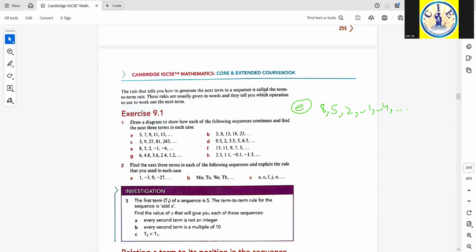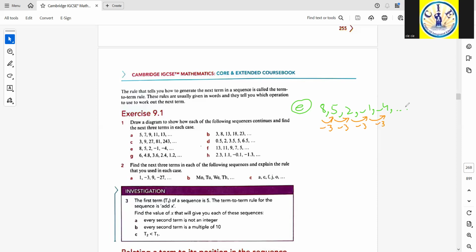So in this case, the pattern that can easily be observed is subtraction. So what is being subtracted? We need to assess that, and that's how we would be able to get the next three terms of the given sequence. So by subtracting 3 from the successive terms, we get the next term of the sequence.